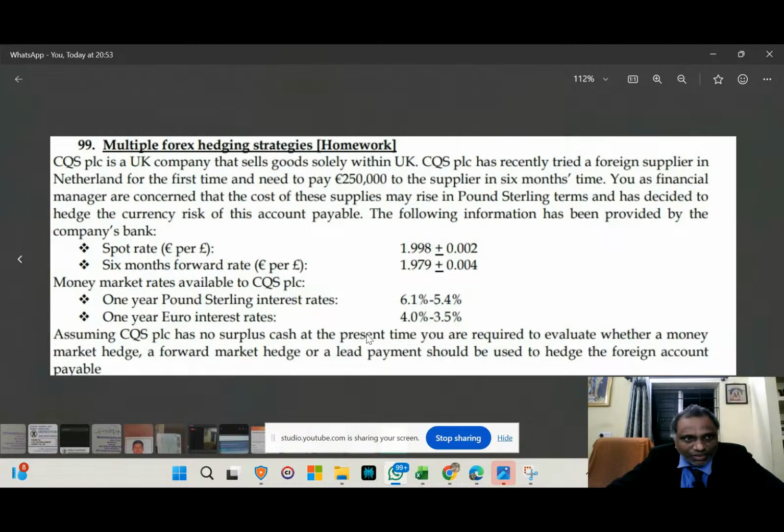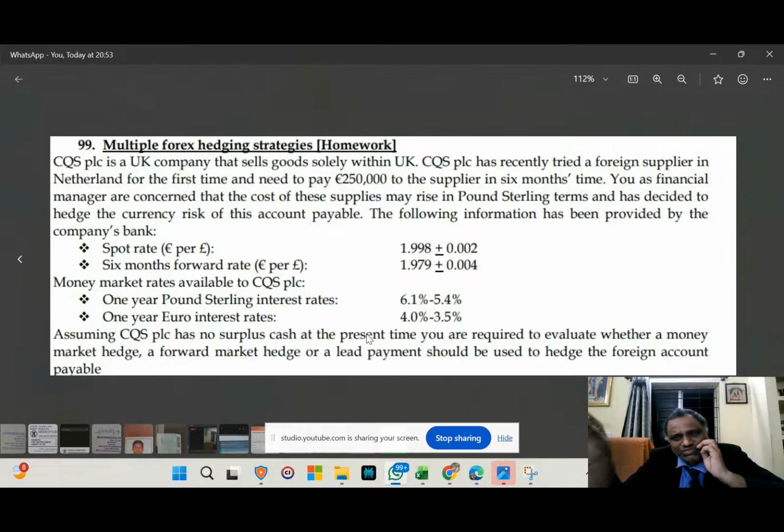See, first, here there are two currencies. One is euro, another is pound. CQS PLC is a UK company that sells goods solely within the UK.